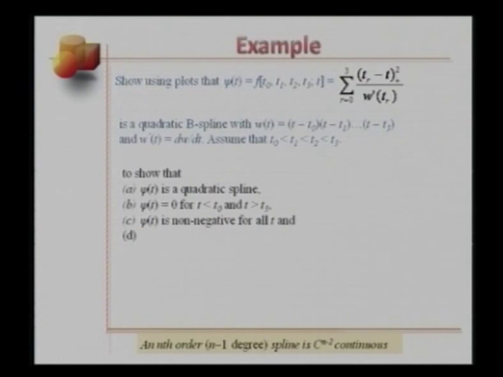We need to show that psi of t is a quadratic spline, that psi of t is equal to 0 for values of t not lying in the range t0 to t3.